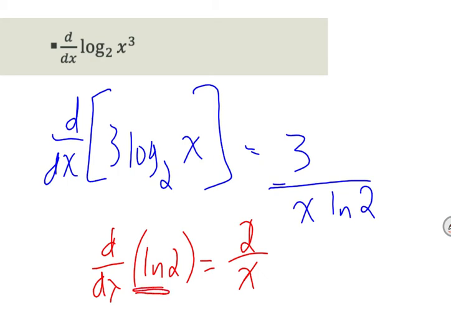What is this? I'm just going to say it. ln of 2 is a constant, right?